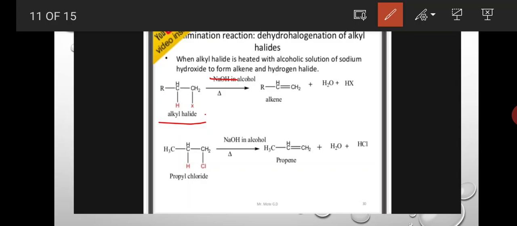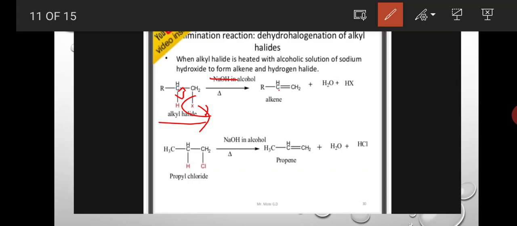This carbon gives electrons to these two carbons and the halogen comes outside like this. Hydrogen and halogen are eliminated from adjacent carbons, and here a double bond is formed. So the alkene functional group is formed.